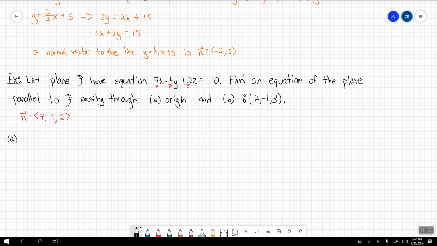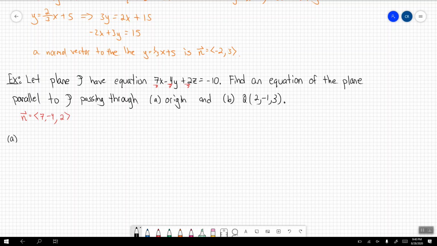Okay, so I want you to now try to envision this. If two planes are parallel, do they have the same normal vector? In other words, if two planes are parallel, must the normal vectors to those planes be parallel as well? Well, the answer to that is yes.